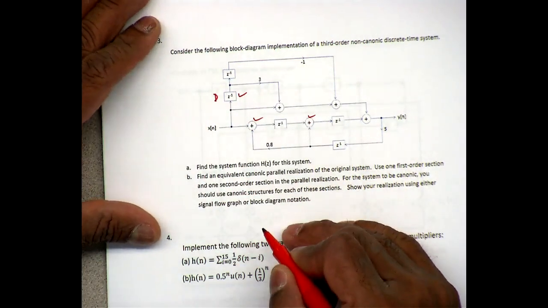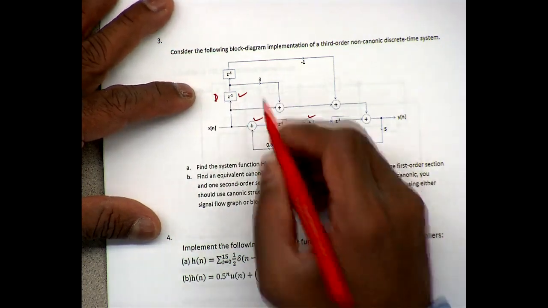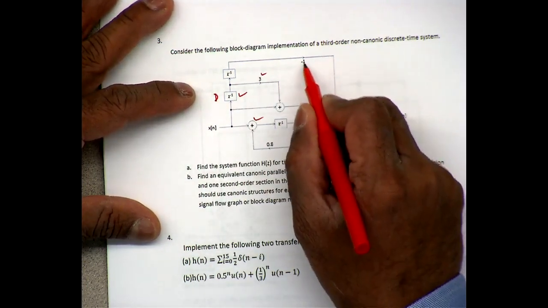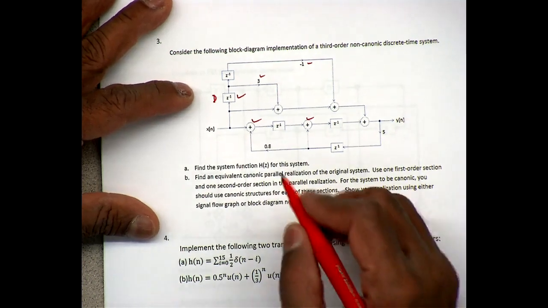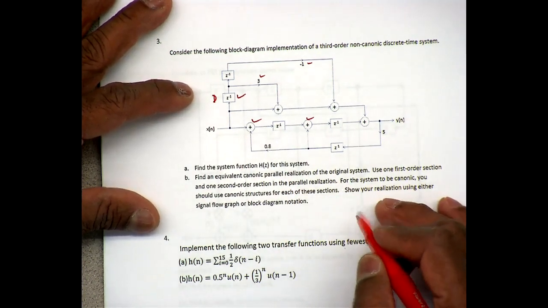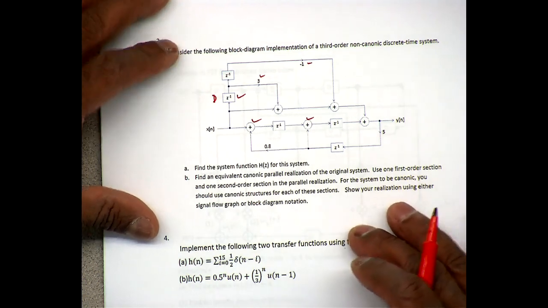Sometimes if I write that as a D, that's the same as z to the power minus 1, but the multiplication coefficients are shown on the edge rather than explicit multipliers. So you should be able to make sense of all of those things.